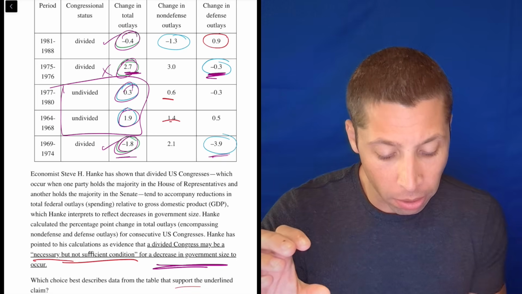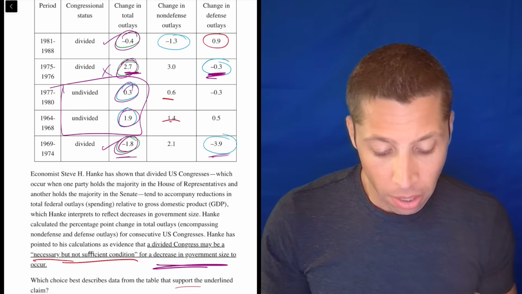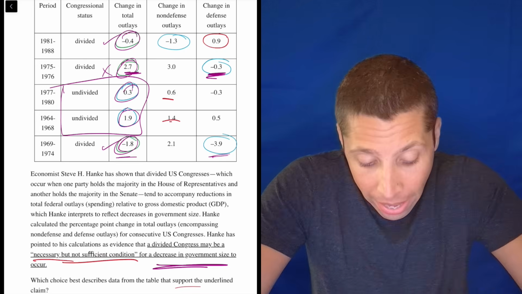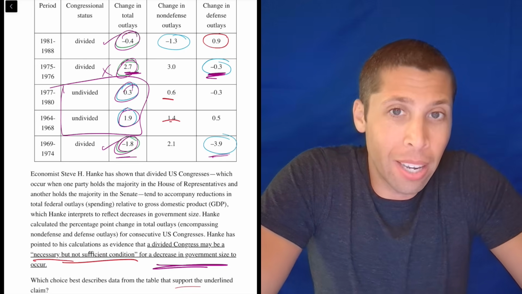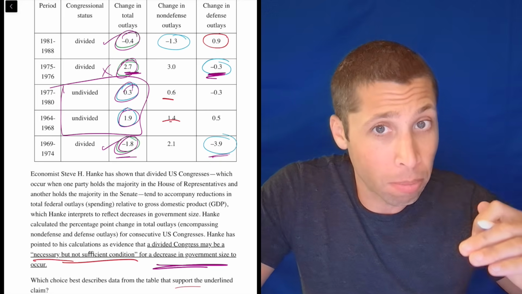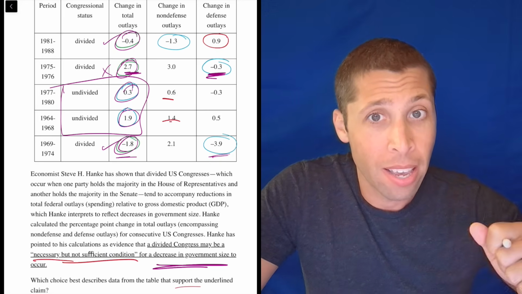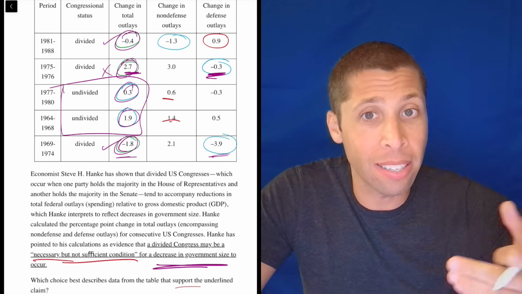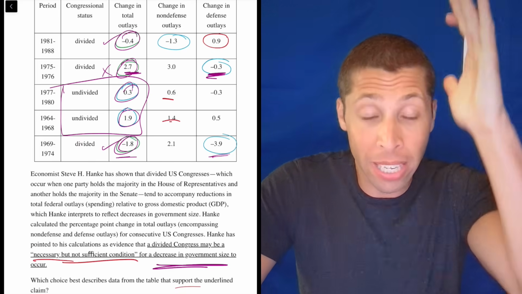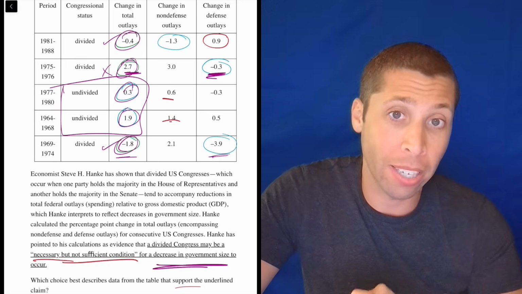But overall, that year, that Congress, the total size of government, the total cost of everything went up quite a bit. So it doesn't matter if one random department of the government lost money or is costing less. The point that this guy is making is it's about the entire size of government. What I like about choice D is it keeps me in the total column for both divided and undivided.